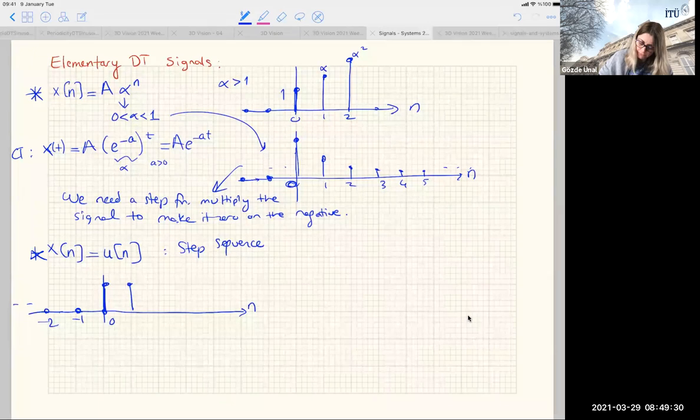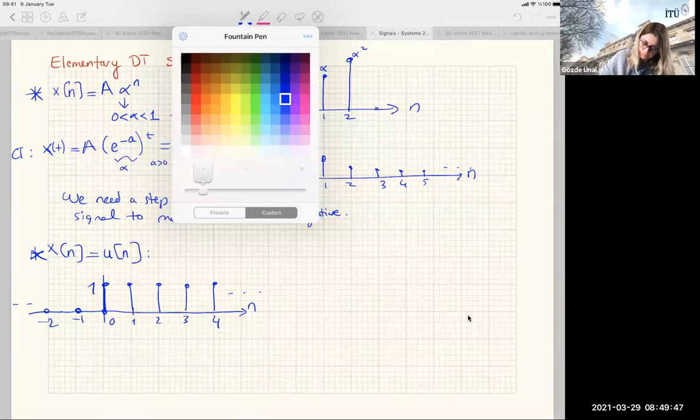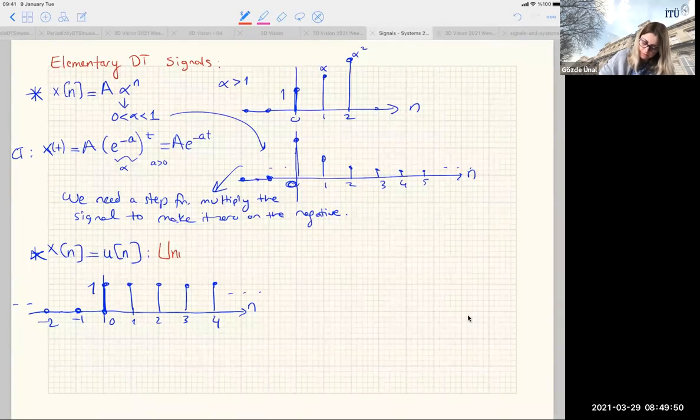This is the Heaviside function in mathematics, also step function, but in discrete time. It continues in this way, step sequence. If it's 1, it's called unit step sequence. Let's write it. We should know these: the unit step sequence and the exponential sequence.